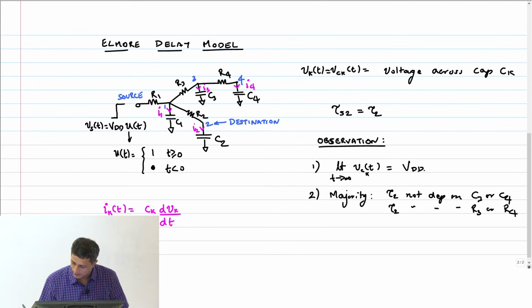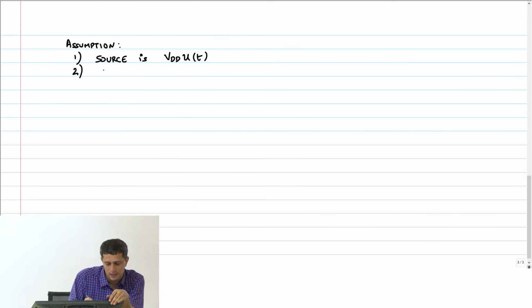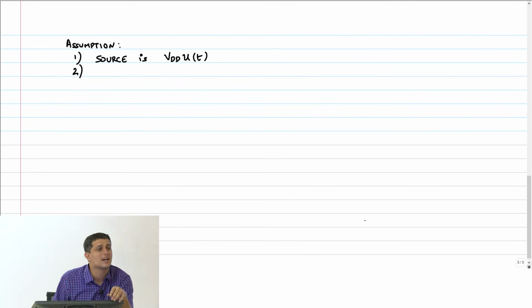So now we will write down the assumptions. One, the source is VDD into U of t, which means it's an instantaneous voltage change. Two, this is going to be an RC tree.